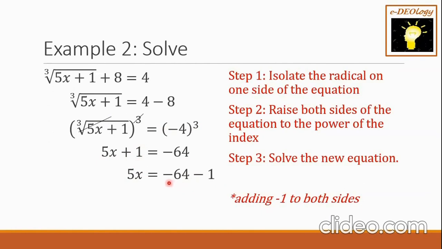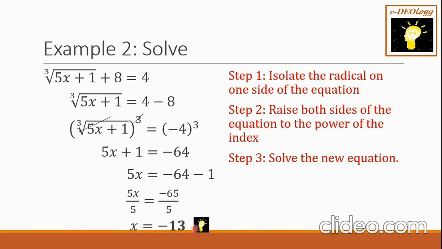Then we simplify this negative 64 minus 1. We have this negative 65. And then we're going to divide both sides by 5 so that we will isolate the x. So when we cancel the 5 and the 5 on the left side, only x comes down. Then the negative 65 divided by 5 is negative 13. So this is our final answer.